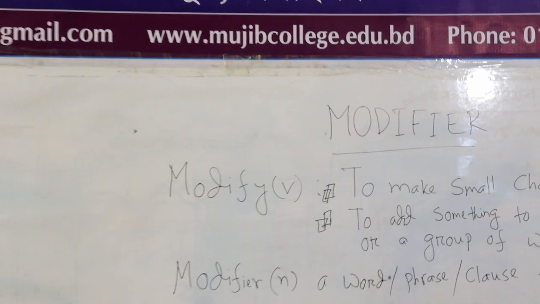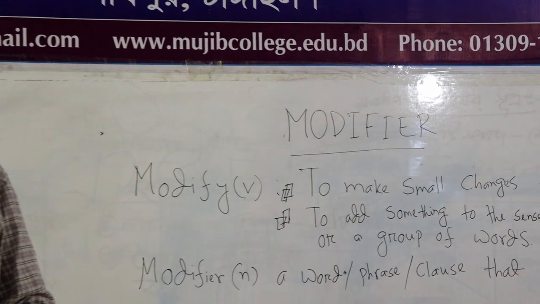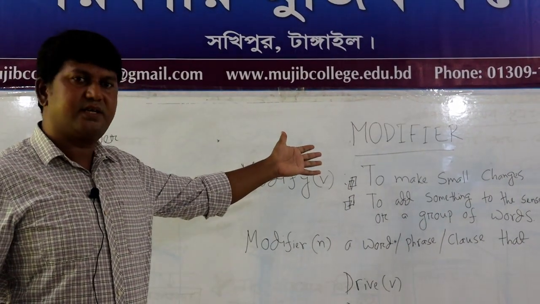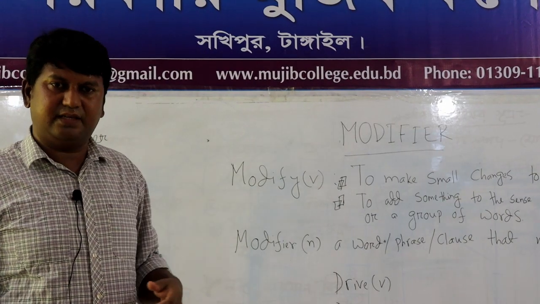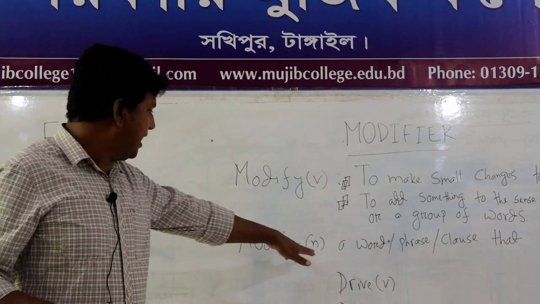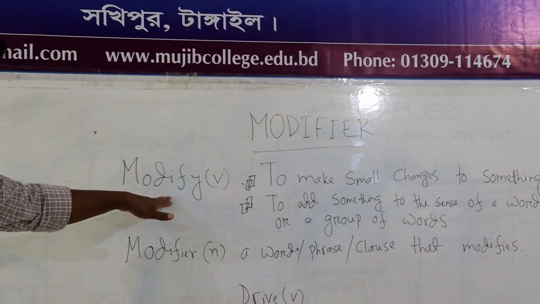First of all, you need to have a very clear idea about the term itself, the term modifier. What is a modifier? What does it mean? Okay, look at the board. Modifier is a noun, and this modifier comes from the verb modify.